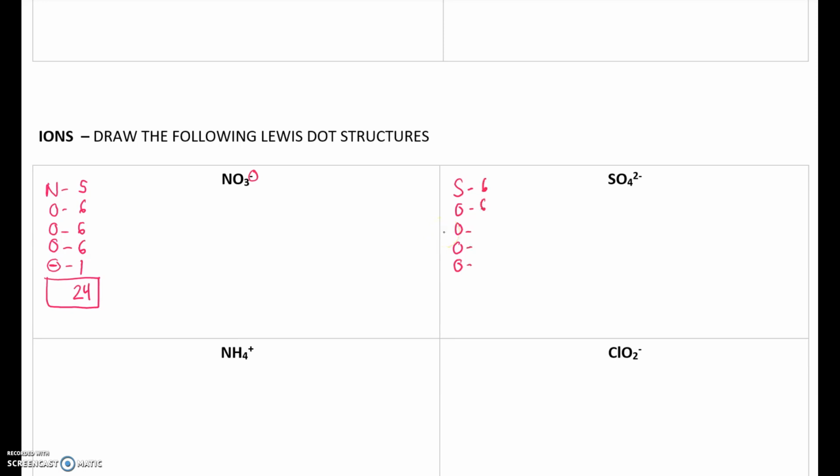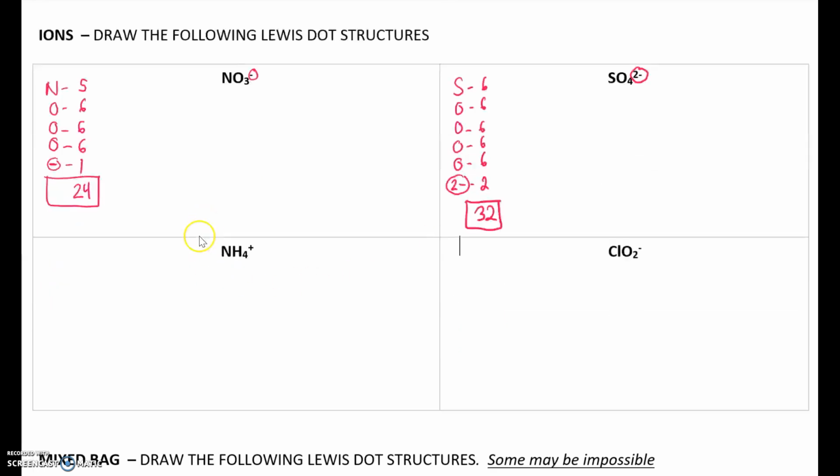So 6, 6, 6, 6, 6. And then we have to take into account this 2-. And so because it's the 2-, that means there will be 2 extra valence electrons. And then we'd add these all up, 6, 12, 18, 24, 30, 32. So in this Lewis structure, I'm going to need to see 32 valence electrons.